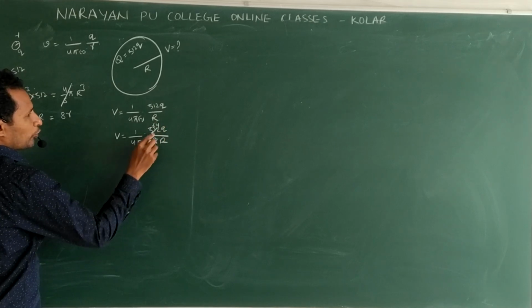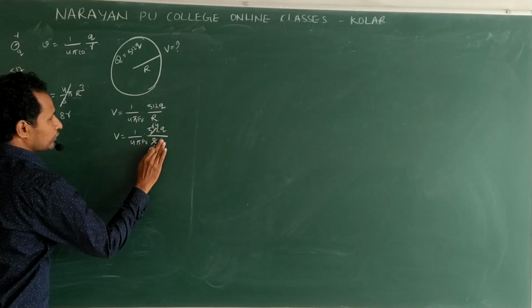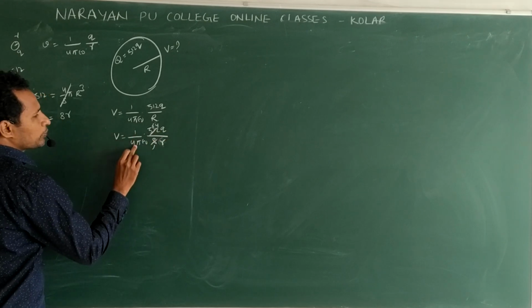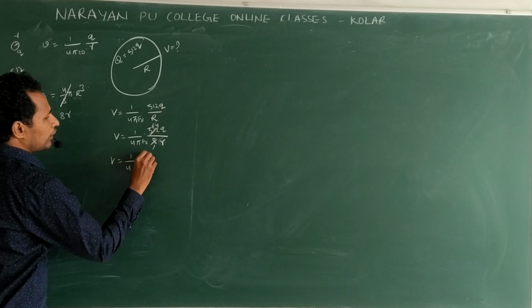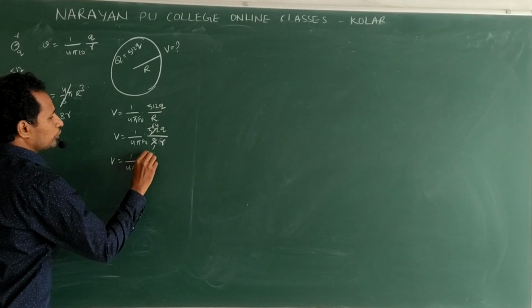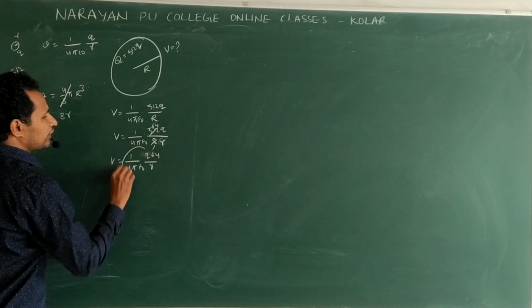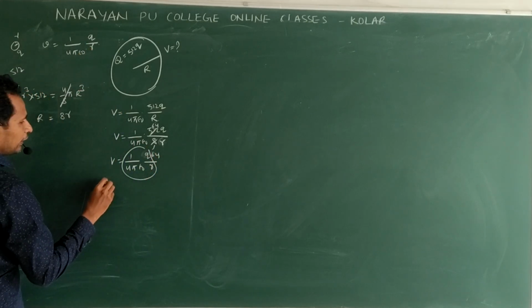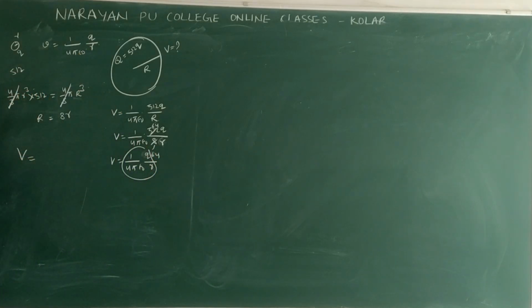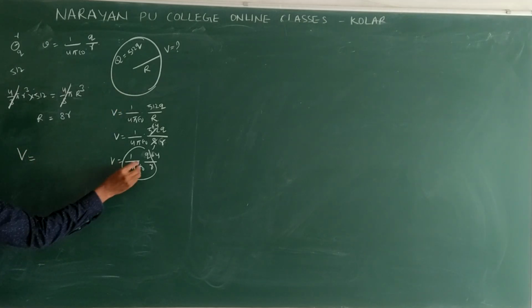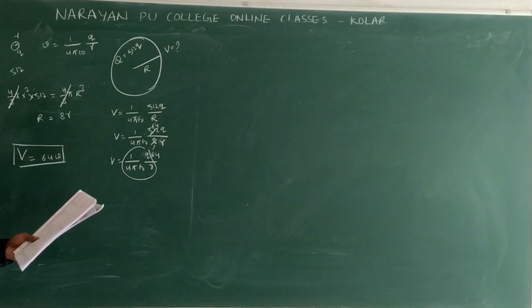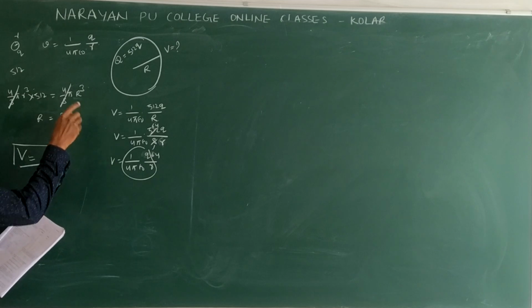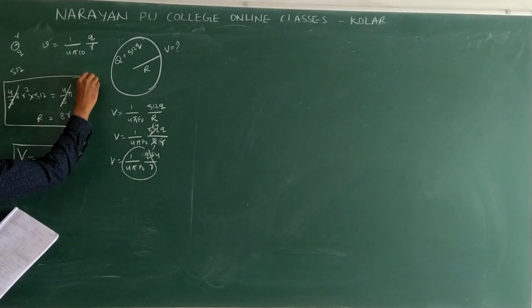So 1 by 4 pi epsilon naught, 64 q by r. This is already the given small v. Then the final potential on the bigger sphere is 64 v.